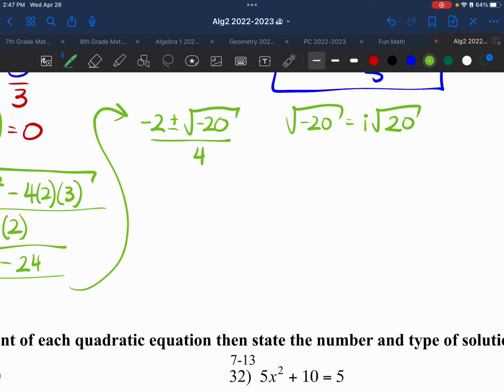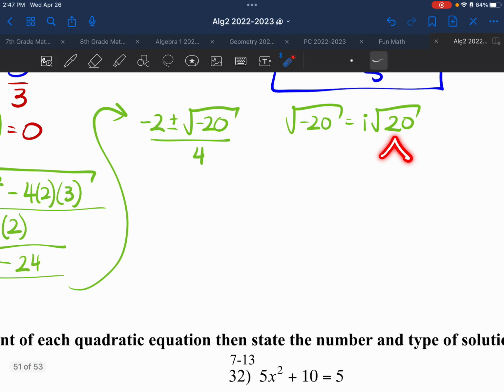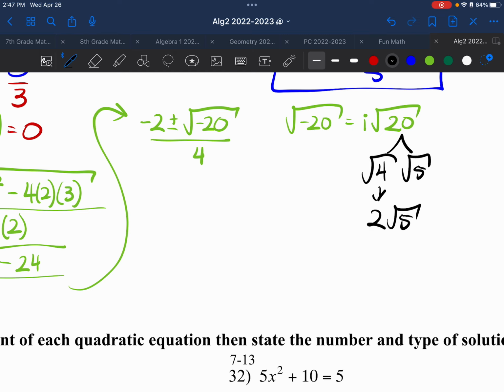You kind of take out the negative and it becomes an i. And then I can do a factor tree for square root of 20, right? The square root of 20 is the same thing as the square root of 4 times the square root of 5, and the square root of 4 is just 2. So the answer is going to be 2 square root of 5. So really, I have a 2i square root of 5 here. So it's going to be negative 2 plus or minus 2i square root of 5 all over 4.